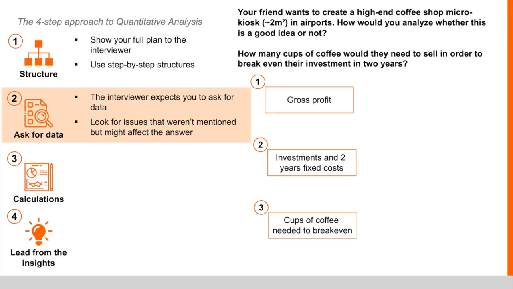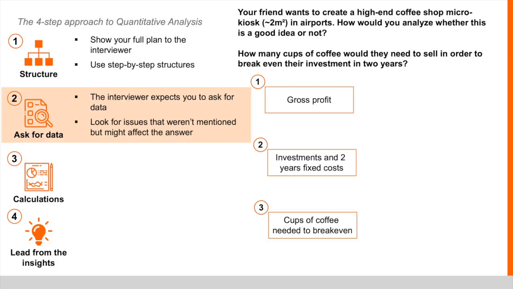Okay? Now, one question that people ask us a lot is, when do you ask? Do you necessarily need to ask right now after the structure? And this is preferable. If you want to ask before the structure, you might get the interviewer a little bit confused, but that is generally fine.